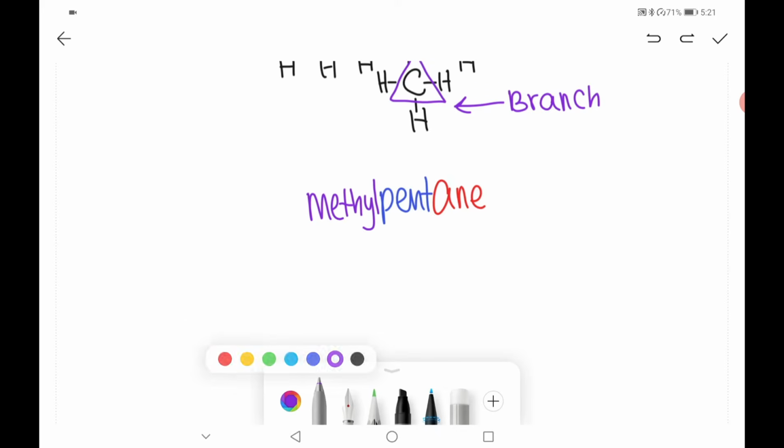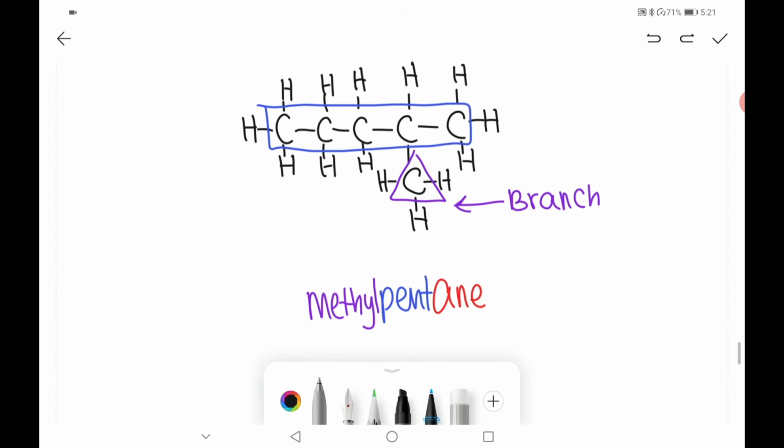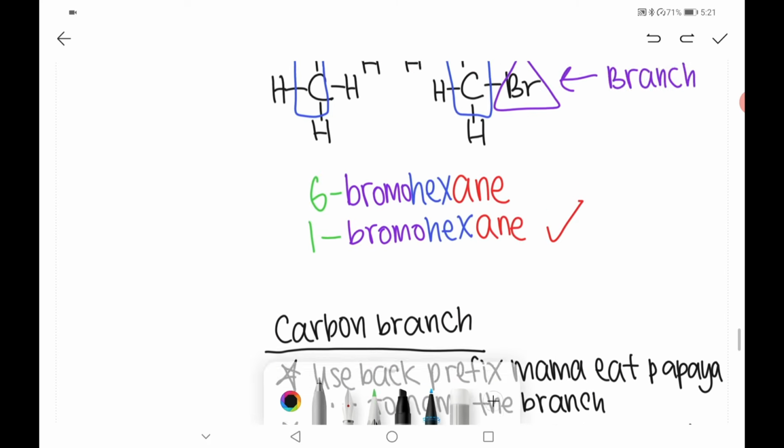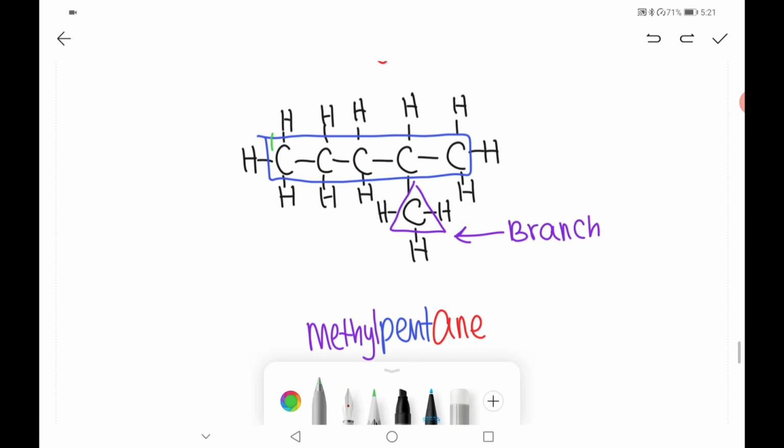So now the next thing, do the same. Now you need to count the location. Where is the address? Where is the branch? If you count from the left hand side, 1, 2, 3, 4, it is on number 4.